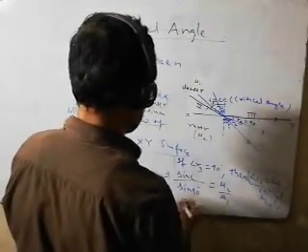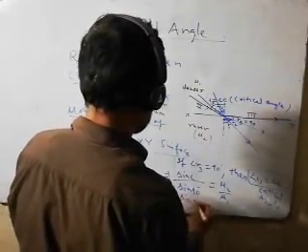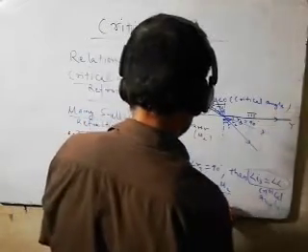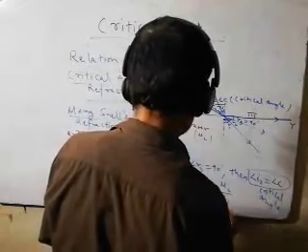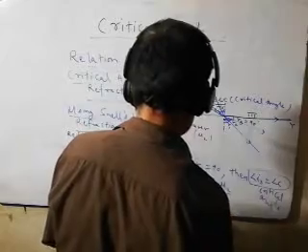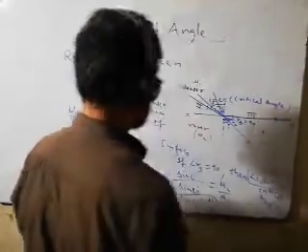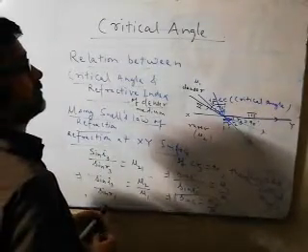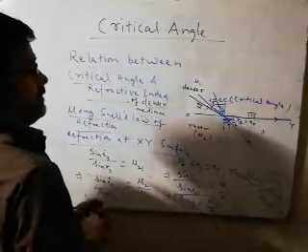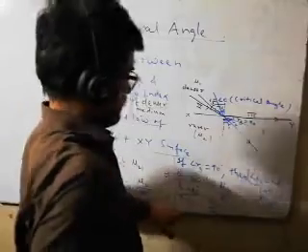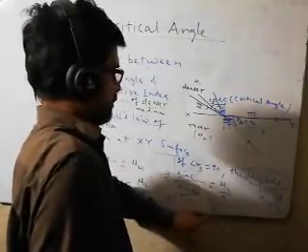Sine 90 degrees is 1. So sine C is mu2 by mu1. Okay, sine C is mu2 by mu1.